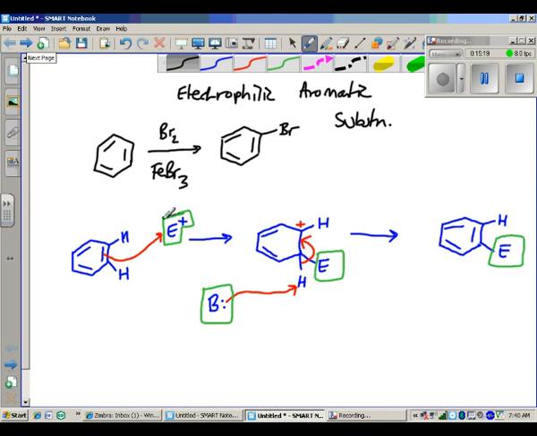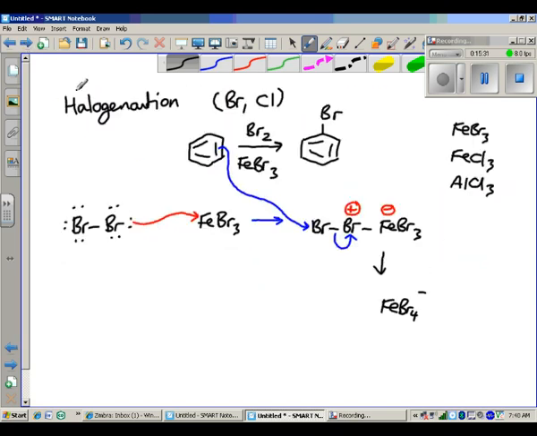So in this reaction we'd have the FeBr3 as the catalyst. We'd have a Br here, FeBr4 minus here. Then when it grabs the hydrogen, it breaks back down to HBr and FeBr3. Remember, this is a catalyst, so it has to reform. So this FeBr3 works this way for this reaction.